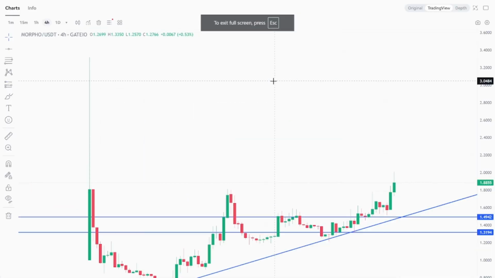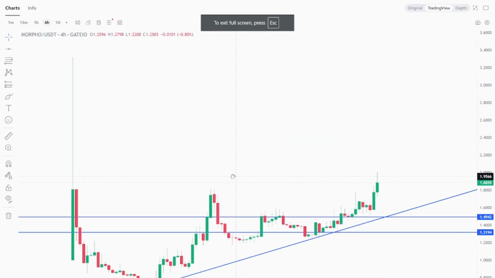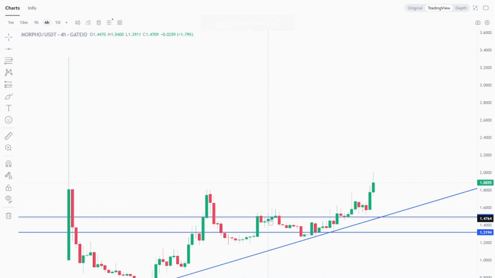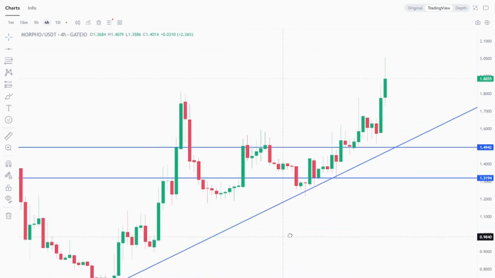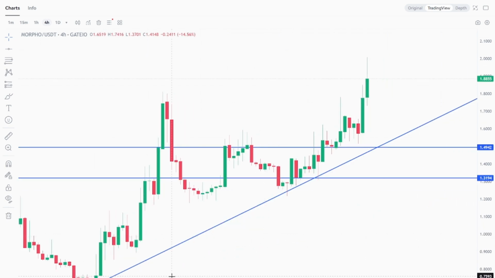So one thing you want to always check is this. You find this token if it's in uptrend. So right here, luckily our token is in uptrend right now. So you want to always have this long time trend and check if this uptrend is still valid.